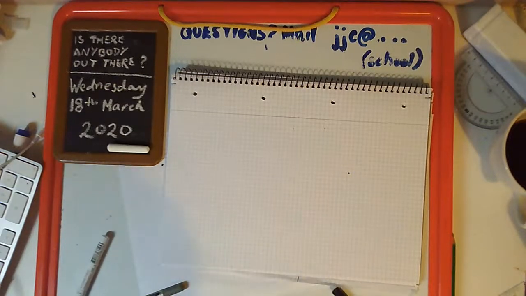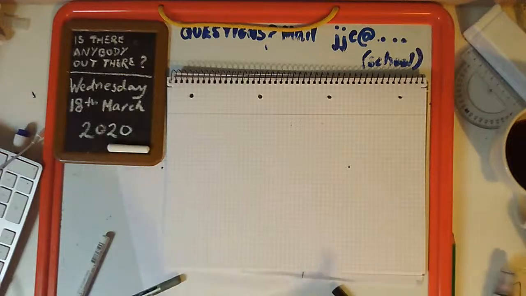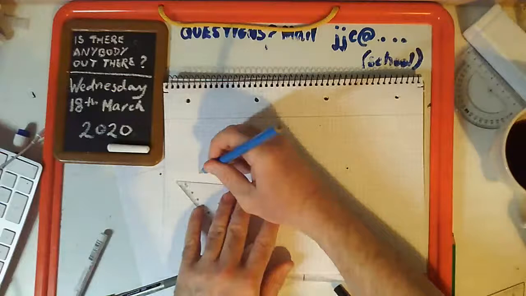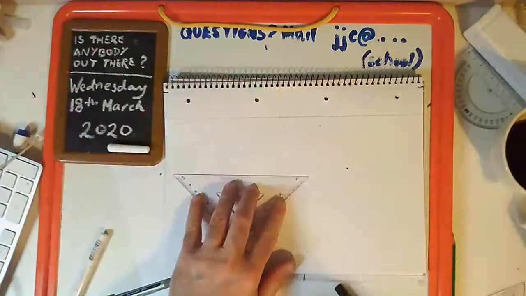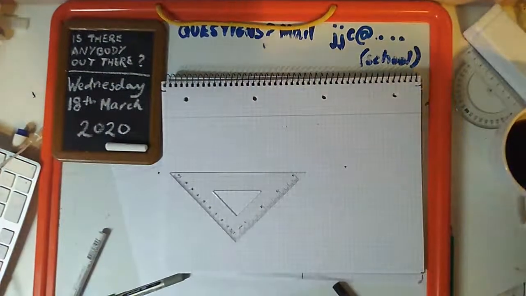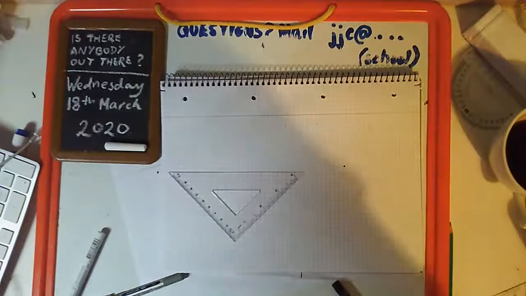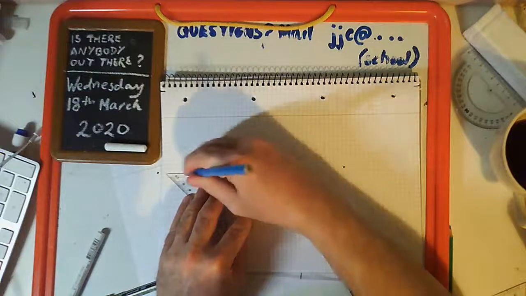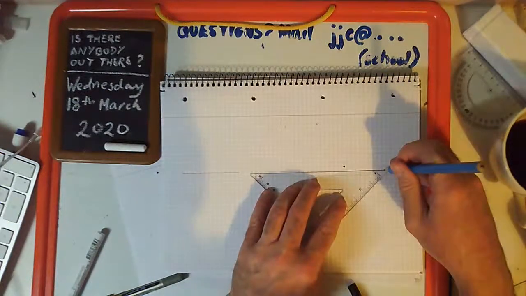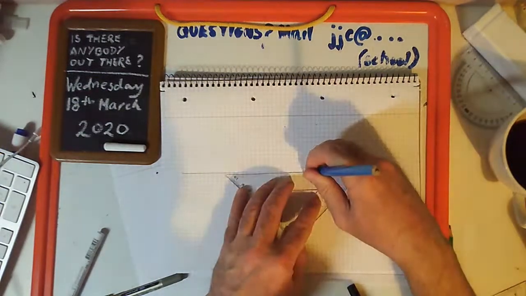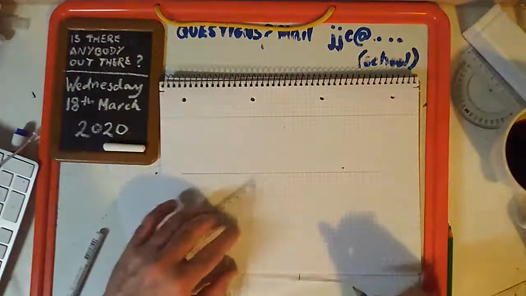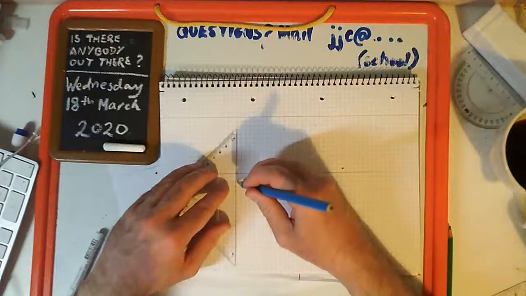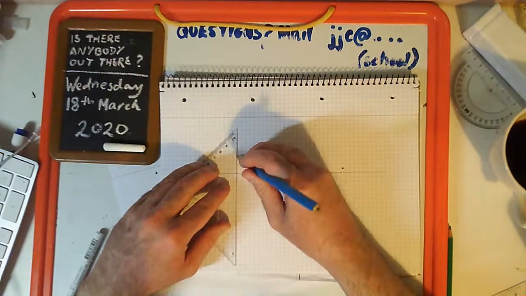Okay, so I'm going to draw a few lines here. So let's draw it on the horizon.